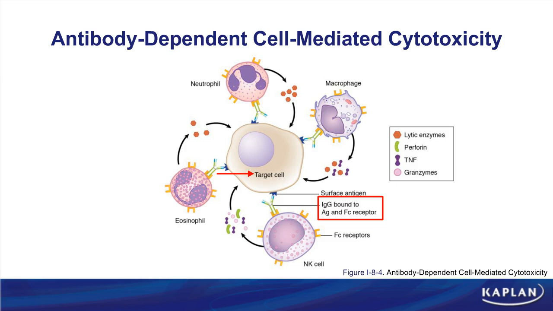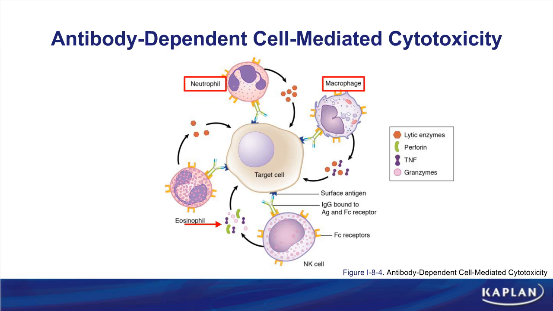Any sort of molecule that IgG can bind to, meaning that it is non-self, hopefully. IgG binds to that target cell, and you can see the natural killer cell binds to that IgG through that CD16 molecule, which is the Fc gamma receptor, and releases all of those proteins and cytokines that we talked about, perforin and granzymes and other lytic enzymes.